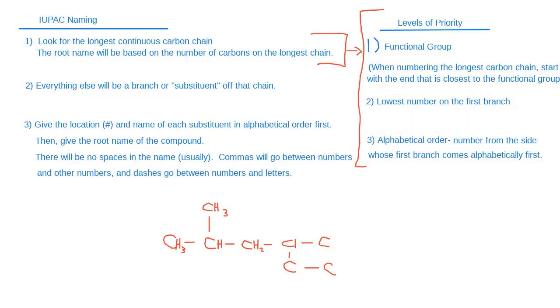The next one has 3 bonds shown, so it means it has 1 hydrogen. The last one has 1 bond shown, it needs 3 hydrogens to get a total of 4. The one over here has 2 bonds shown, so there'll be 2 hydrogens there. And the last one has 1 bond shown, so there'll be 3 hydrogens there.